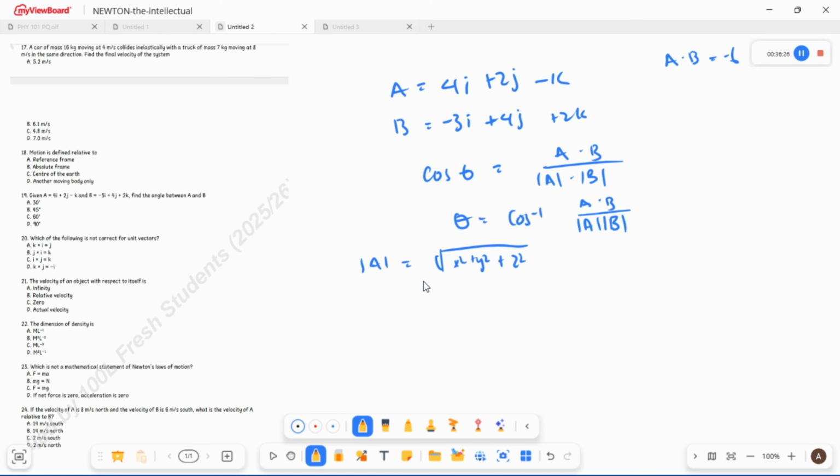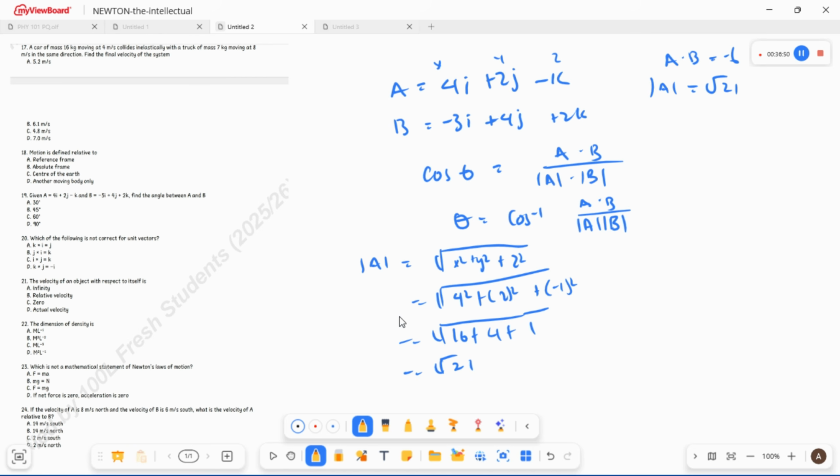For A, this is our x, this is our y, and this is our z, the coefficients of i, j, and k. So we have root of 4 squared, which is 16, plus 2 squared, which is 4, plus minus 1 squared, which is 1. So we have root 21. Our modulus of A is equal to root 21.